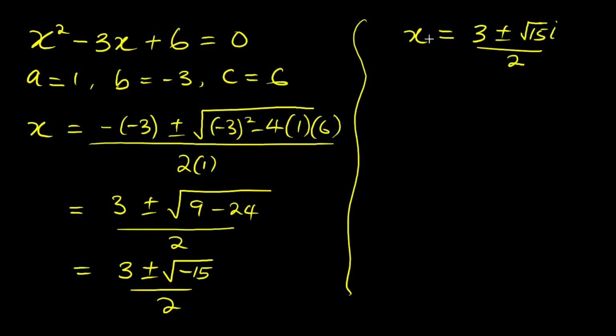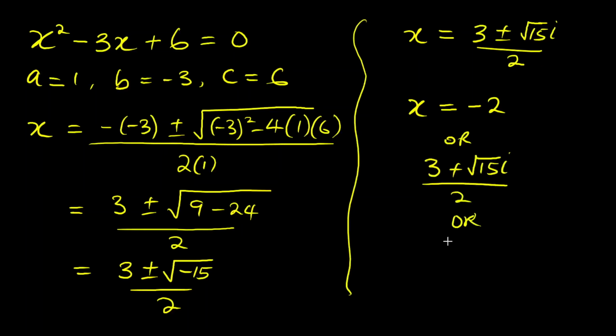So from here we can say that the three values of x are x is equal to minus 2, or 3 plus root 15 i divided by 2, or 3 minus root 15 i divided by 2. So that is how to solve this equation.